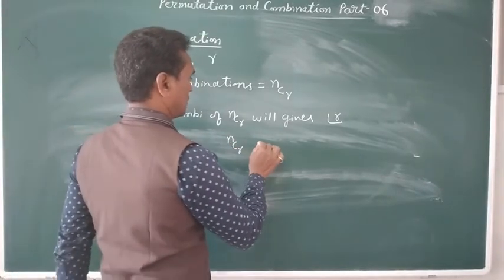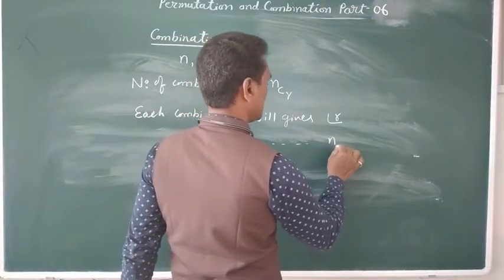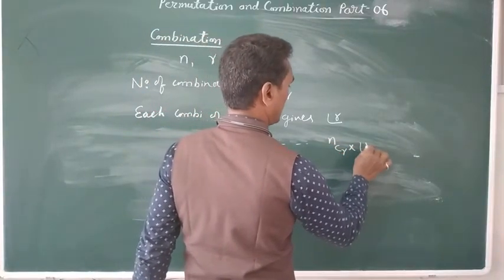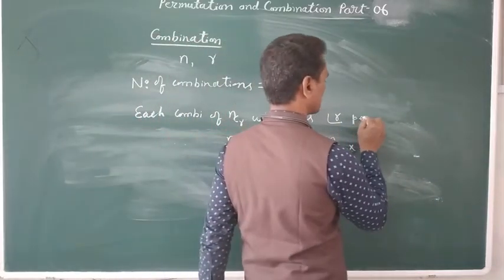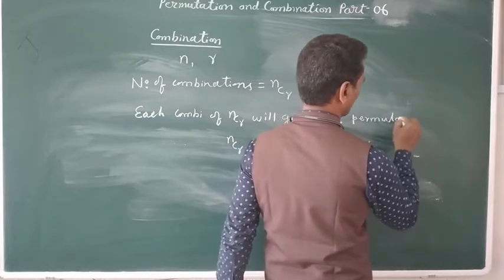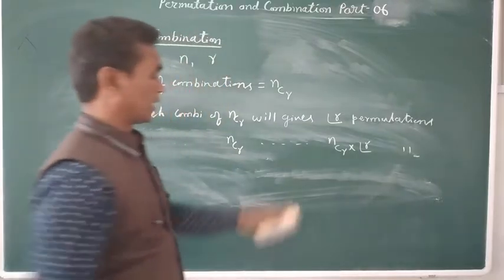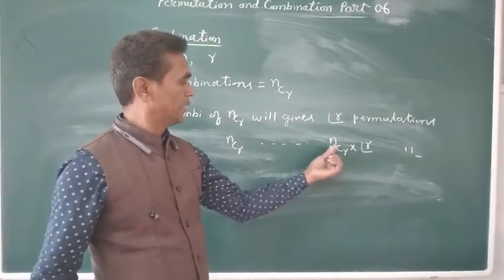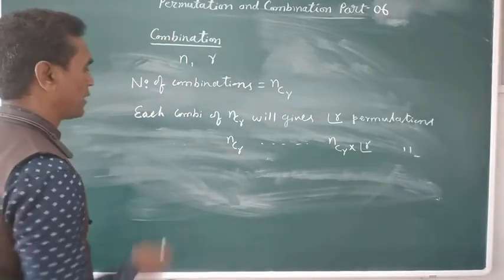So therefore nCr combinations will give us nCr into factorial r permutations. So here the number of permutations is nCr into factorial r, and we have a formula for that.